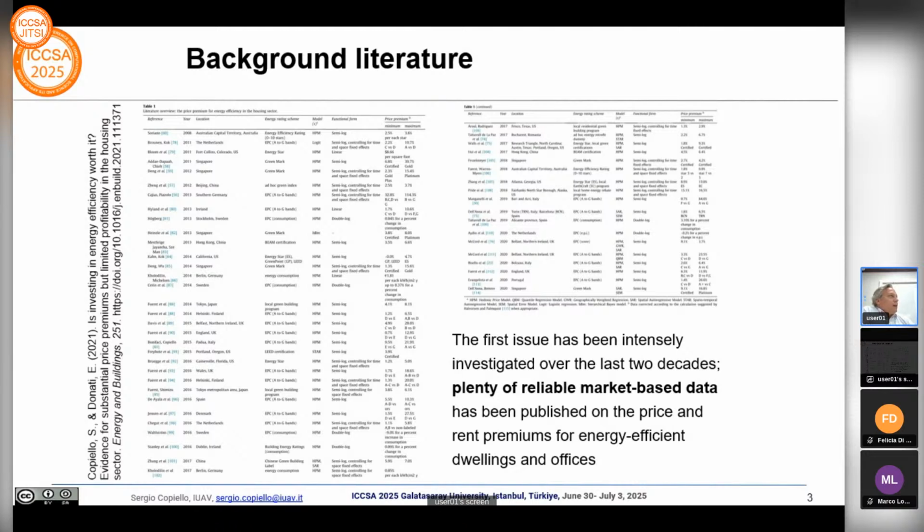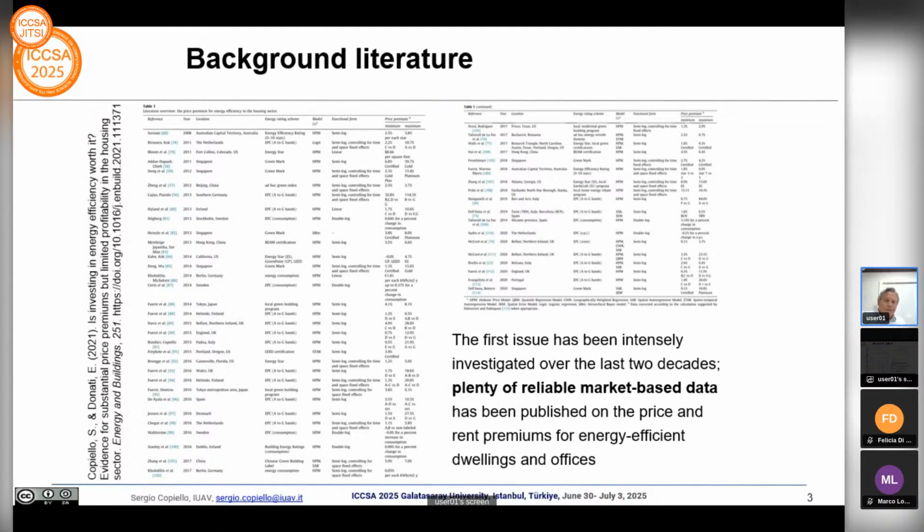And now we can find dozens and dozens of studies about this topic. This is just an excerpt from one of our previous studies with a literature review. You can see we found almost 50 studies dealing with the estimation using regression techniques of the potential price premiums. 50 studies only about residential buildings, because if we include commercial buildings, then we go up to nearly 100 referred studies.